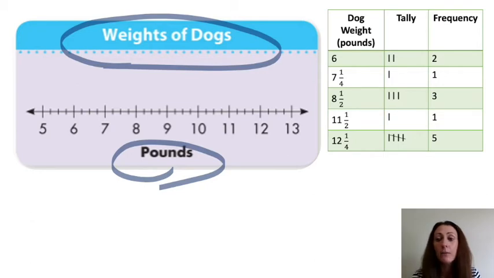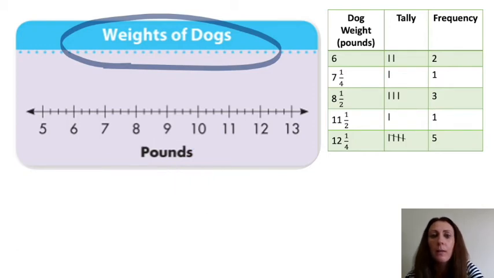If you don't have a title, we have no idea what your line plot could be about. It could be about pizzas, shoes, days off of school. It could be anything. So we have to make sure that we pay close attention to the fact that the title is there and the number line is labeled.